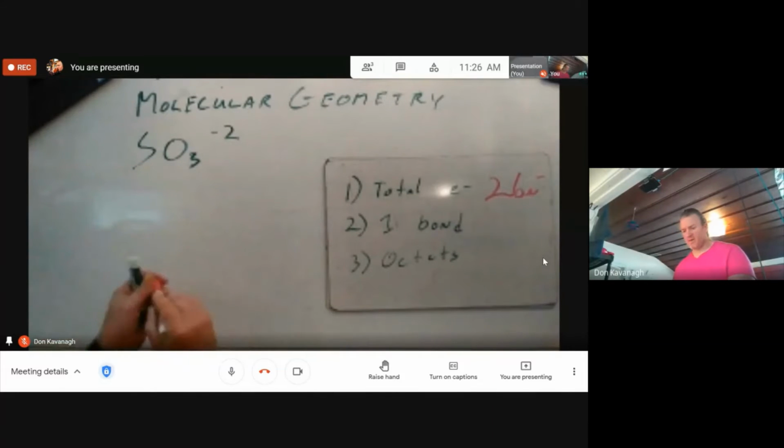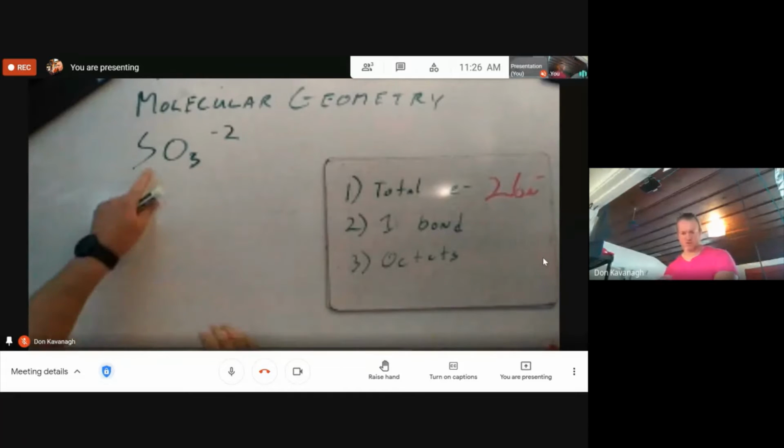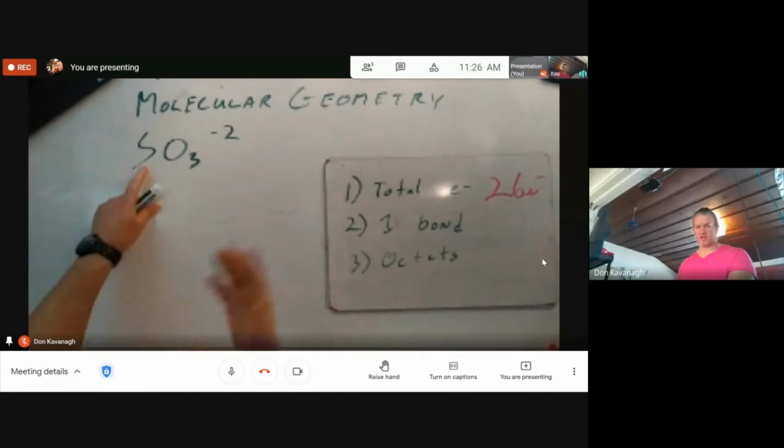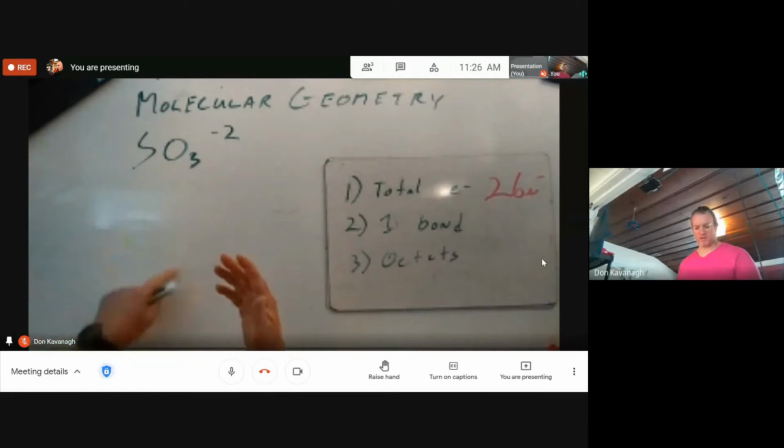The atom that's written first is given to the reader usually for one of 2 reasons. One reason is if it's a hydrogen atom, we're trying to tell the reader that this is an acid. This behaves like an acid. If it's not a hydrogen atom, we're probably trying to tell the reader that this atom is in the center, and the rest of the atoms we can assume kind of go around it.